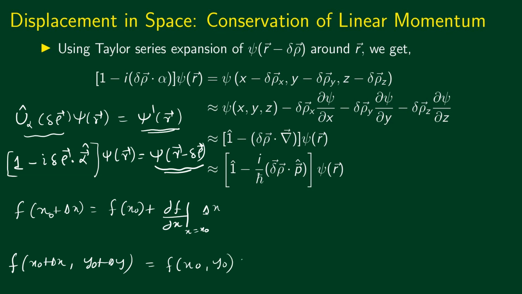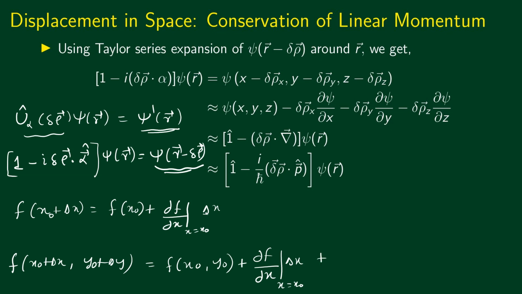All right. Plus, there are two first order terms now, because this is a function of two variables. One would be the partial derivative of f with respect to x evaluated at x equal to x0 multiplying delta x.